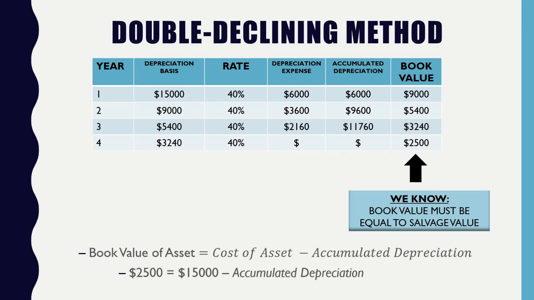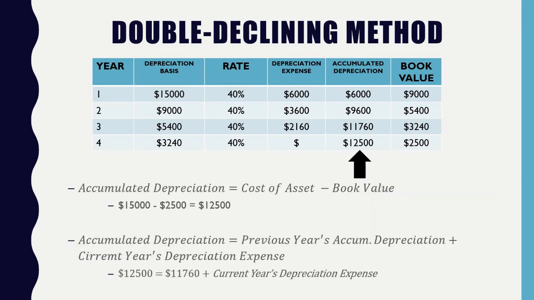So if my book value at the end of year 4 is 2,500, you know your asset cost is 15,000, and we know we're going to subtract it out to get our accumulated depreciation, let's plug in and solve for the answer. You're going to take your 15,000 minus that 2,500, and you're going to get the answer to be 12,500. Okay?